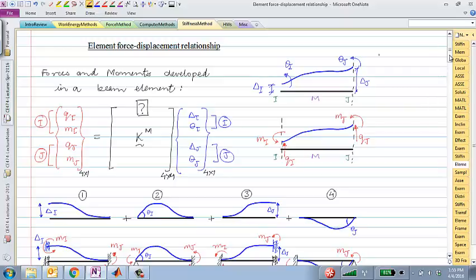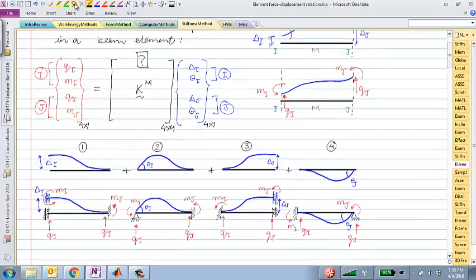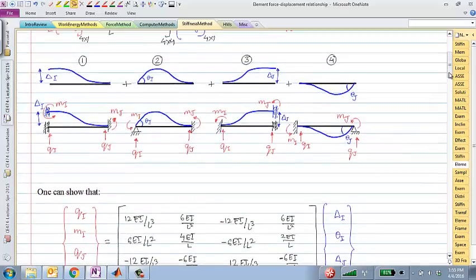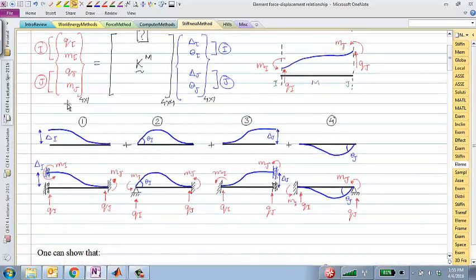So let's see how we can come up with this 4 cross 4 matrix. Once we've come up with it, we can use it for any beam element. We can use it to solve all types of beam problems. I'll give you an example of how you would come up with the force displacement relationship for element case 1, and I will ask you to do case 2 as an in-class exercise in a little bit.